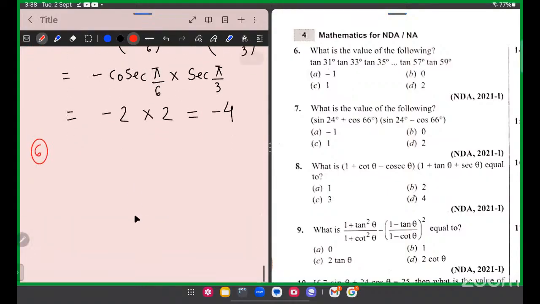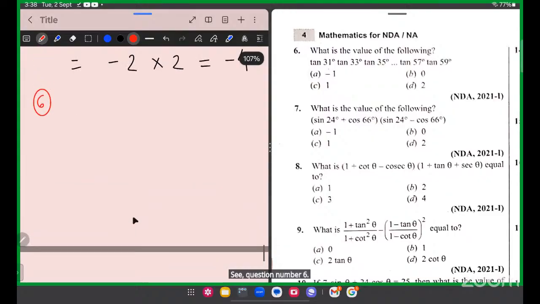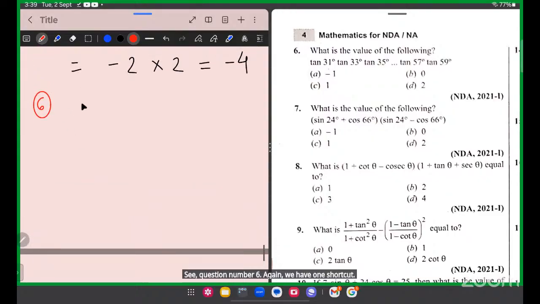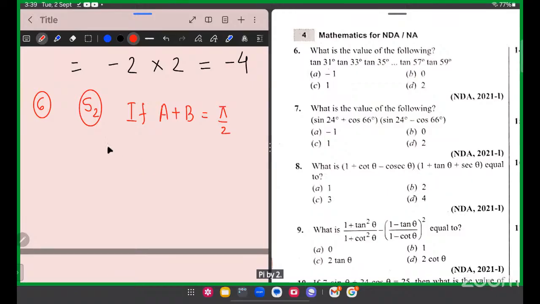See, question number 6. Again, we have one shortcut. So this is sector number 2. Always remember, if A plus B is equal to pi by 2, then there are so many results, right?